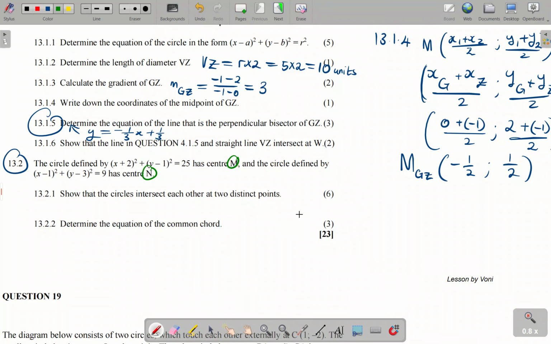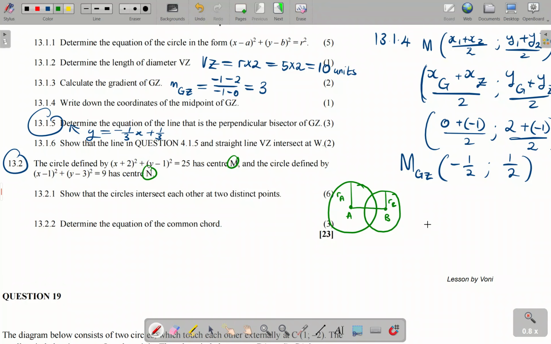Remember I said whenever you have two circles like this that intersect at two distinct points, this is the radius there. You can call this A, this B, and this will be the radius of the bigger circle, and this the radius of the small circle. And this is the distance between their centers.